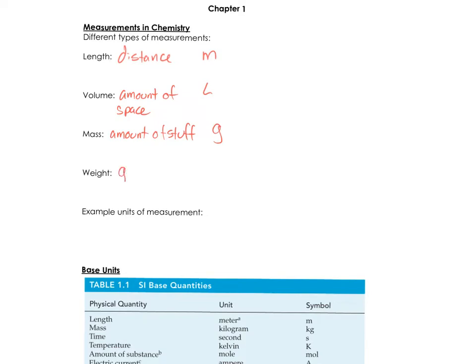Weight is a gravitational effect. So for example, they say, oh, if you weigh yourself on the moon, you weigh less compared to here. That's true, but your mass would still be the same. So you need to be able to identify what type of unit and what type of measurement is being done. If I say milligrams, you should immediately say that this is a mass unit or a weight, depending.